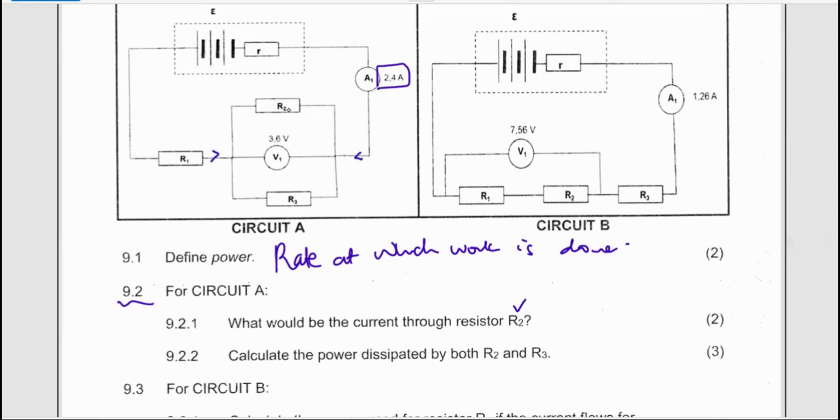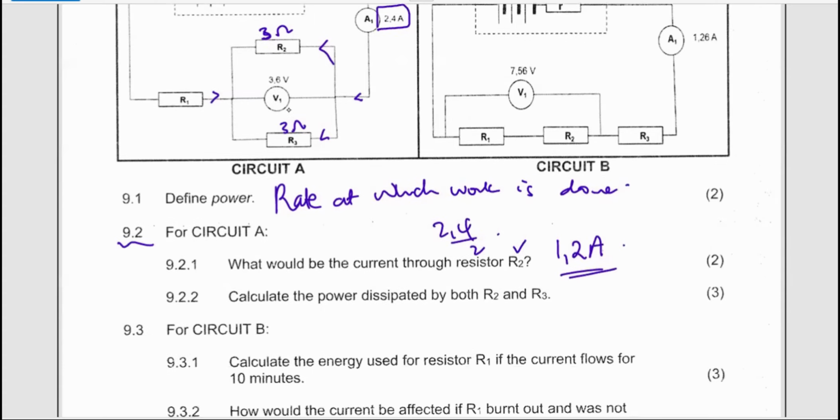We don't care about the 3 ohms. What we care about is that they are equal in magnitude, which means the current passing through them will be split into 2. So that's 1.2 amps, the same as 2.4 divided by 2.